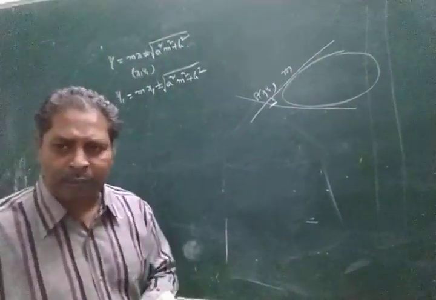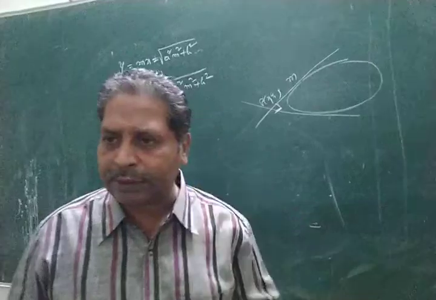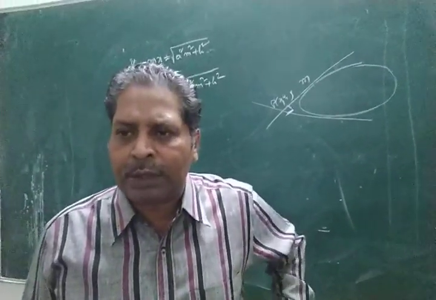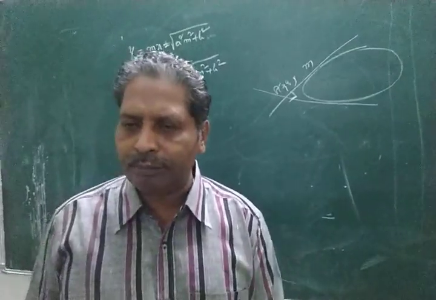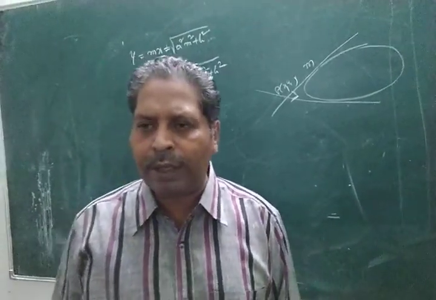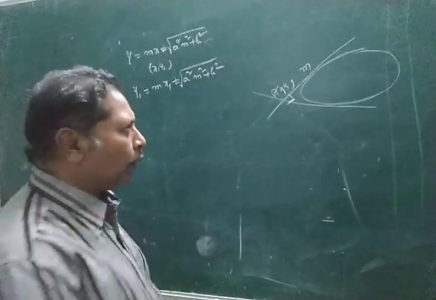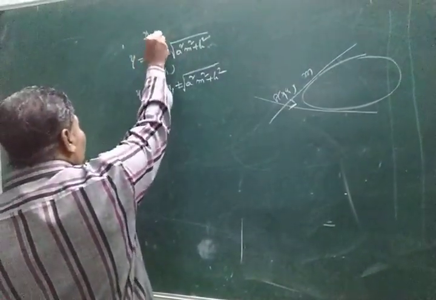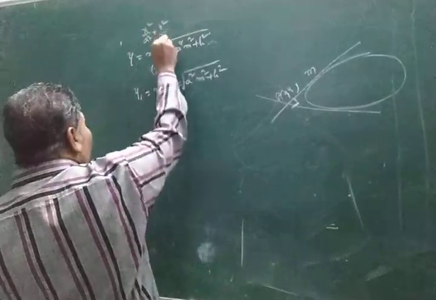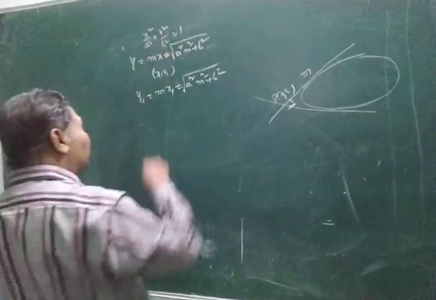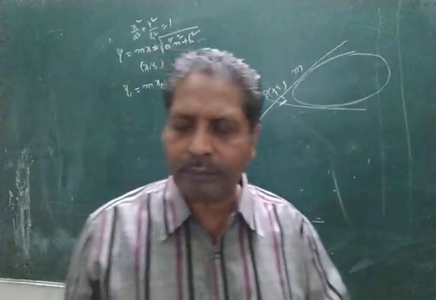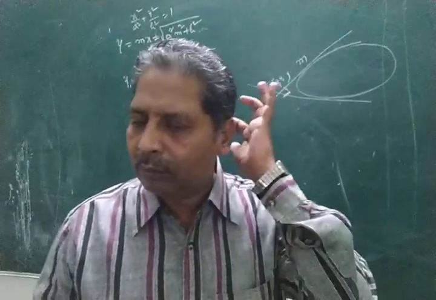First write that one. Let the equation of the ellipse be x square by a square plus y square by b square equal to 1.